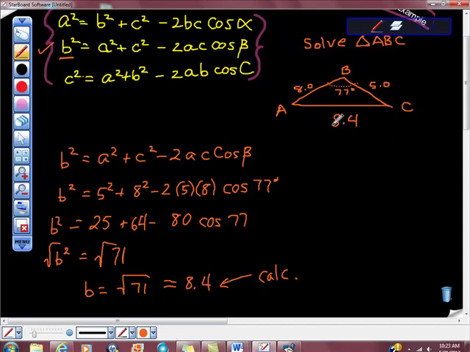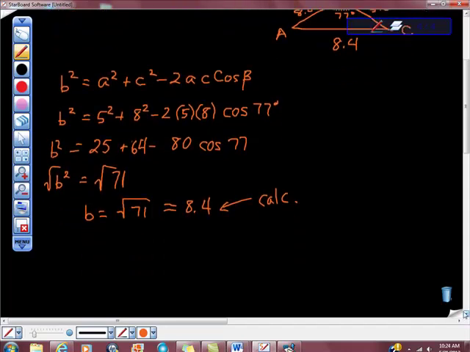Now to see what else we're missing here. We have our three sides, so we could use an angle. Let's find an angular value. All I'm going to do is move to law of sines a little bit, just to finish this triangle.